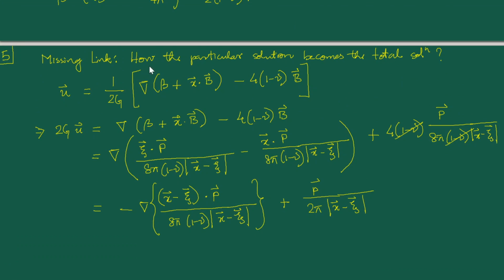This question that we had posed, how the particular solution becomes a total solution, that is where the explanation of the missing link is. This particular solution becomes the total solution because it certainly satisfies the original governing equation, as well as the far field condition. So we don't have to worry about the homogeneous part at all.